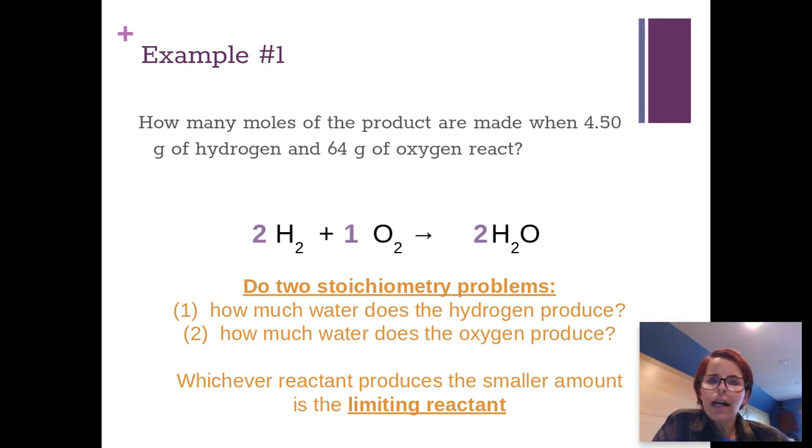And then you're going to do it the opposite way. If you had only 64 grams of oxygen and an unlimited amount of hydrogen, how much water would be produced? The one that produces the smallest amount is going to be our limiting reactant, and that will be the right answer then. The smallest amount is always going to be the right answer.